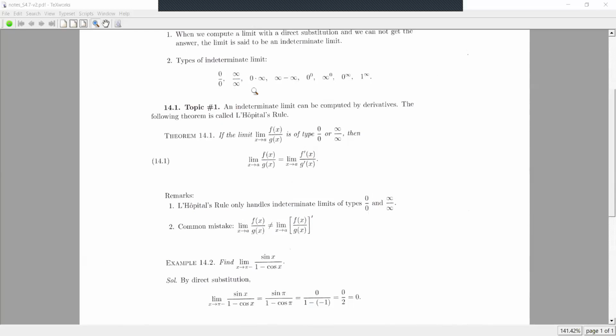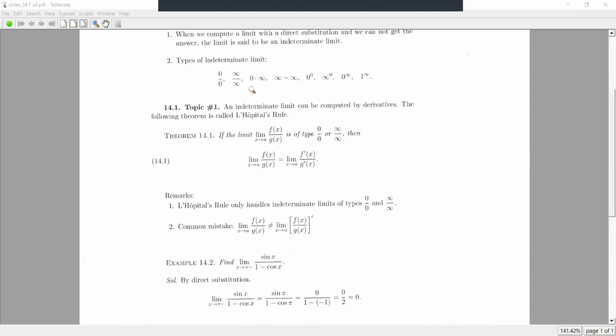If a limit is one of the remaining types, then how do we compute it? In that case, you need to transform the limit into one of the first two types, then apply L'Hopital's rule.